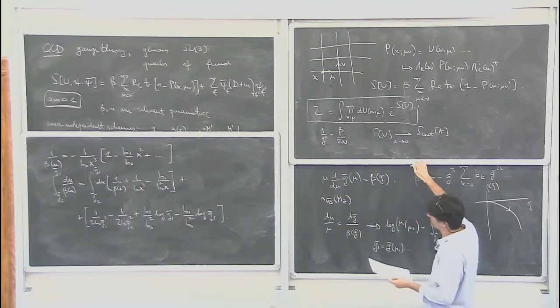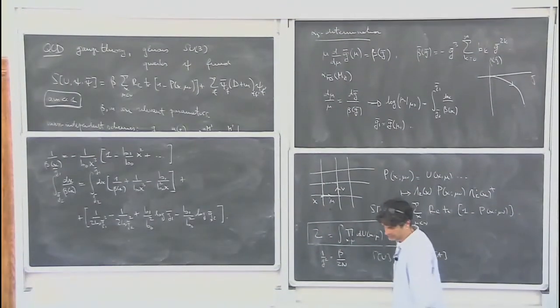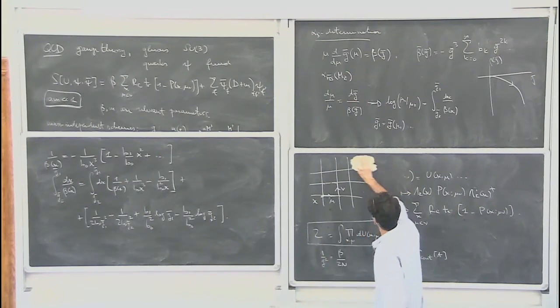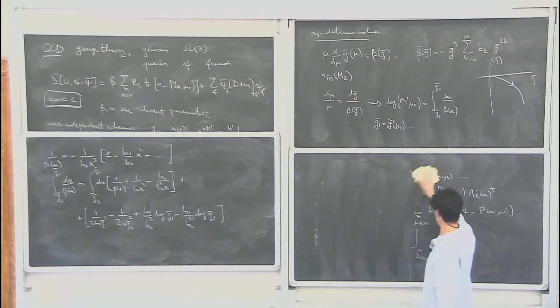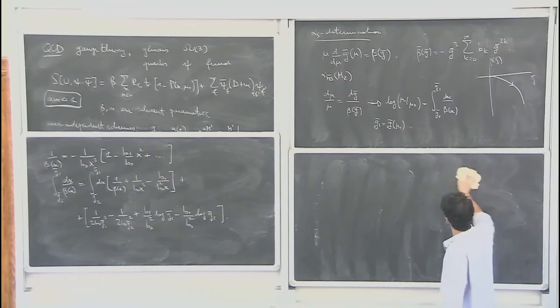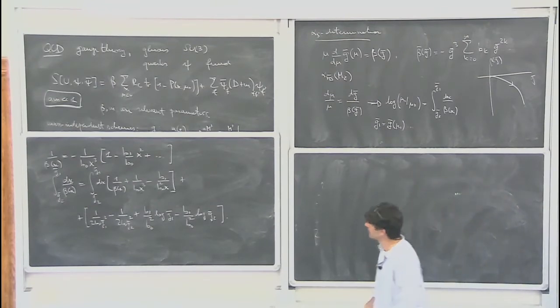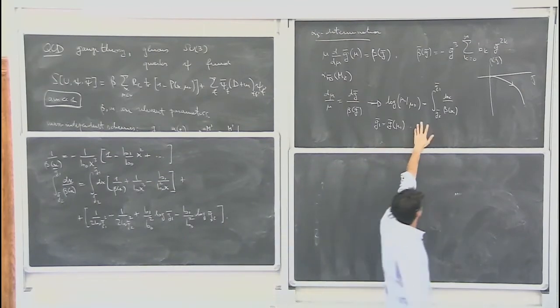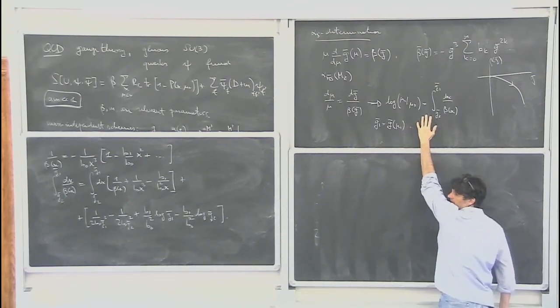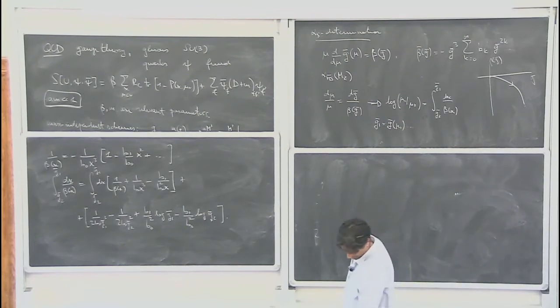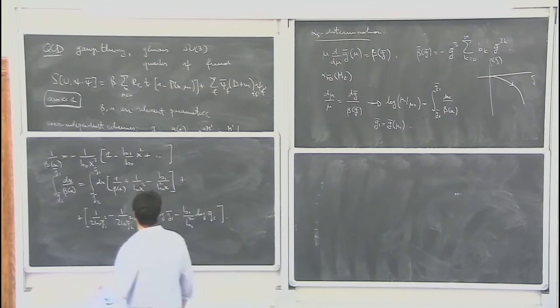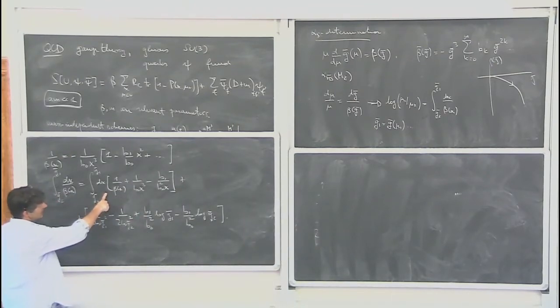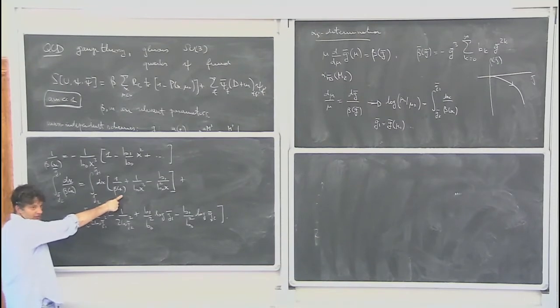Now, why is this a useful exercise? Well, we're going to take this expression, put it in here, and exponentiate. But before I do that, you see now this integral here, the integrand is no longer divergent.